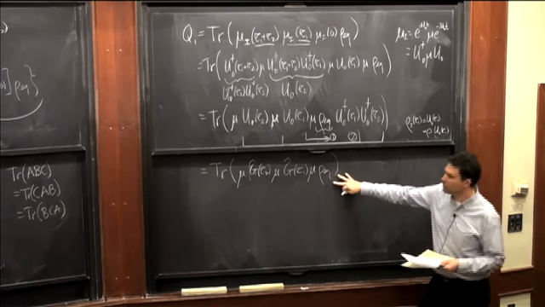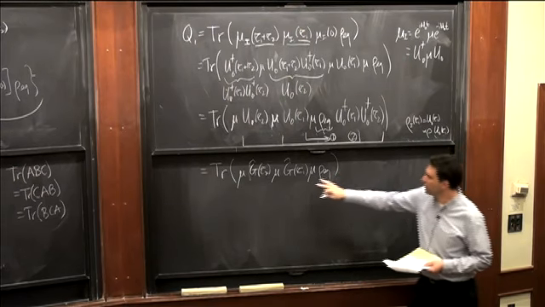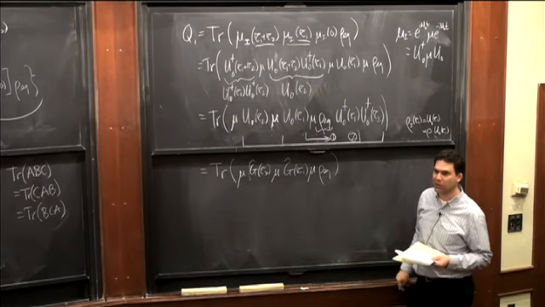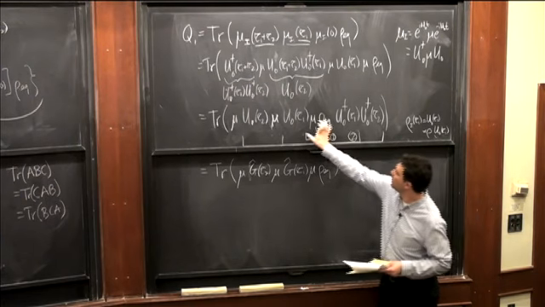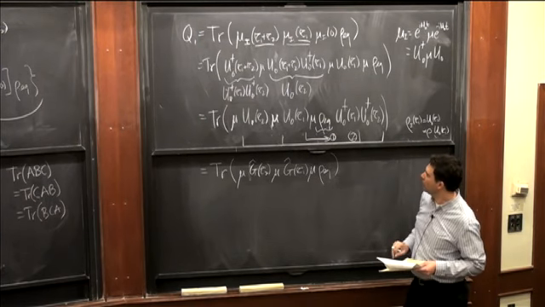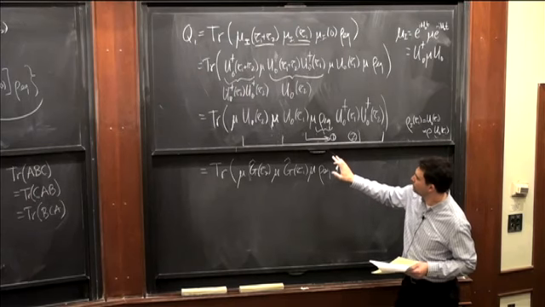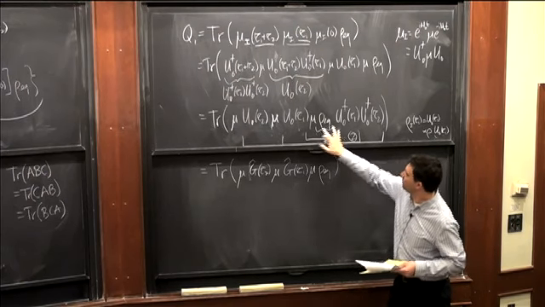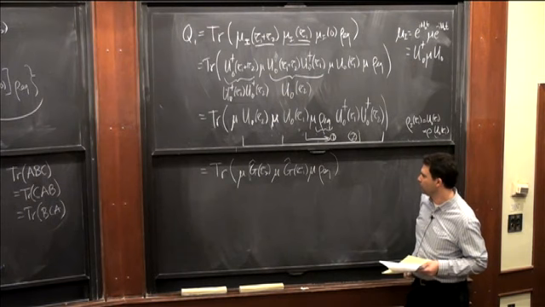We can encapsulate all that picture by writing it in terms of a time propagator G, which is the superoperator that involves a matrix.